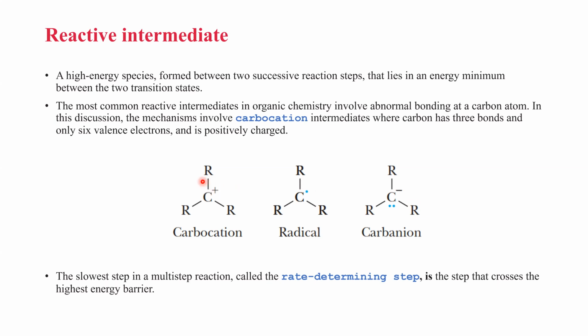They are somewhat stable compared to other species, because they do exist for some seconds in a system as an intermediate, and they are very reactive because of their abnormal bonding, and they have to return to their normal condition. The rate determining step, as I have already mentioned, is the slowest step in a multi-step reaction, the one which covers the highest energy barrier.